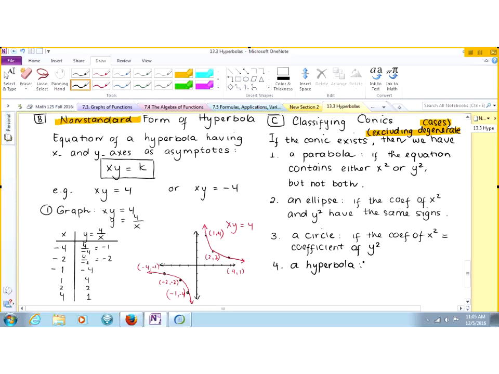How can we say, oh, this equation is a hyperbola? Yes. If the coefficients of x squared and y squared are of opposite sign.